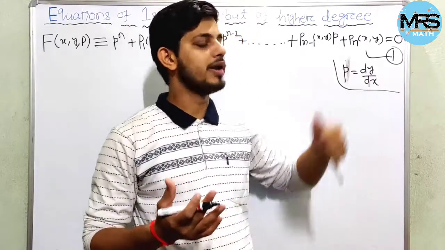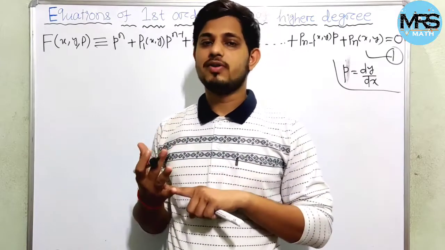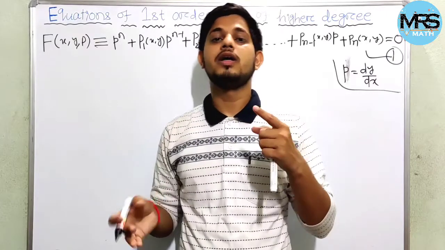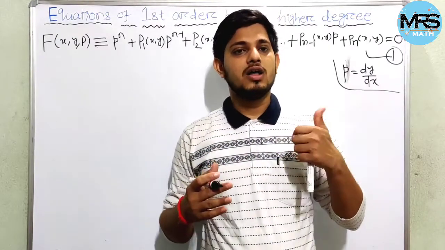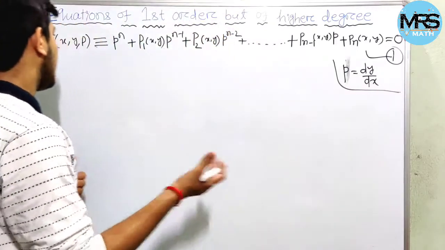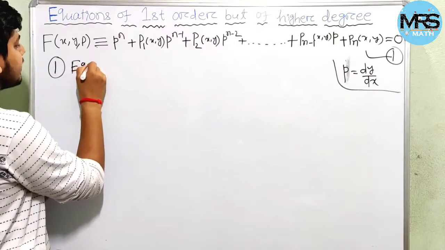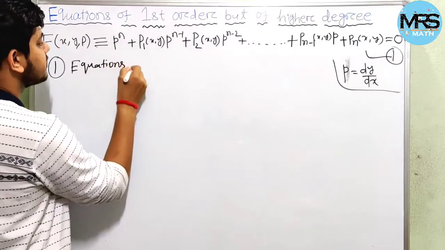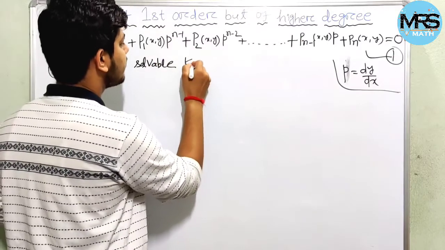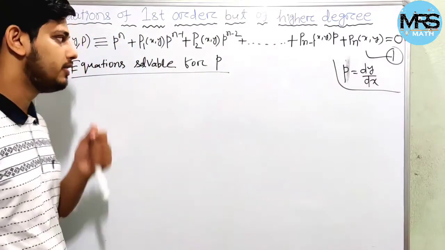Then equations solvable for y, equations solvable for x, and the case where one variable is missing, and how we can solve them, I will discuss in the coming lectures. In this lecture I will discuss equations solvable for p.